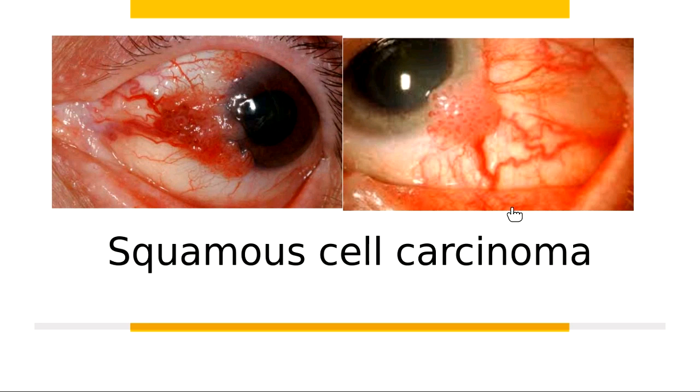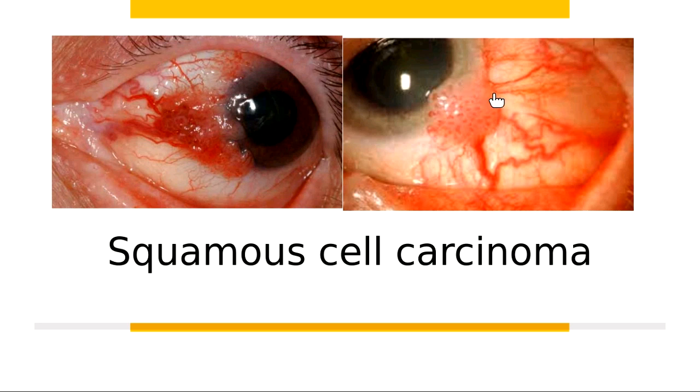Right. And on the lateral border of the cornea, there is a mass that seems well circumscribed.